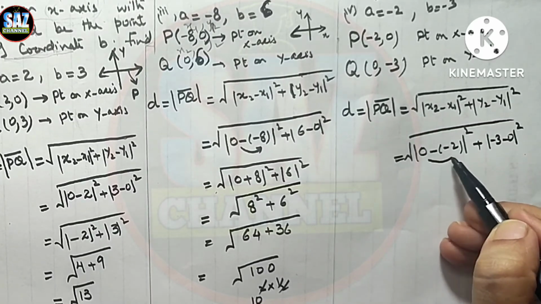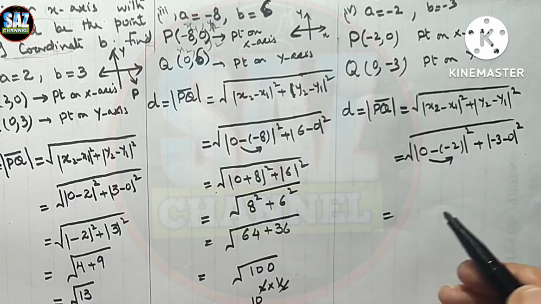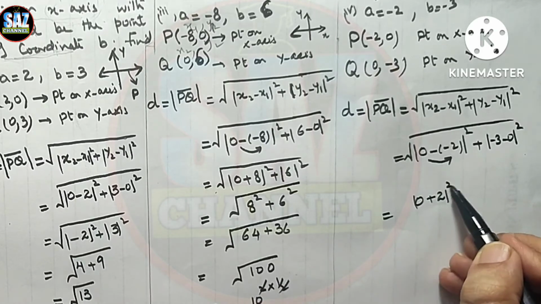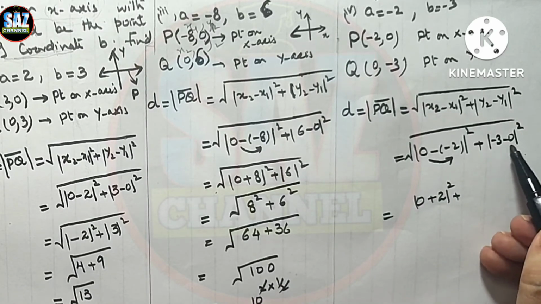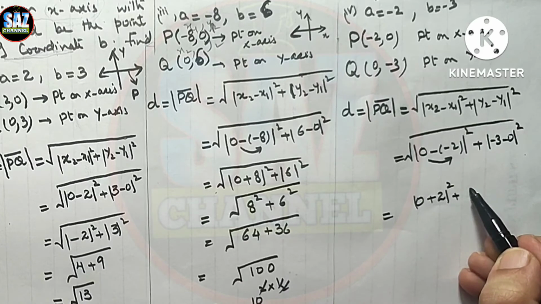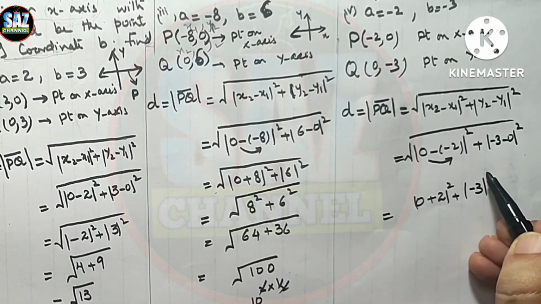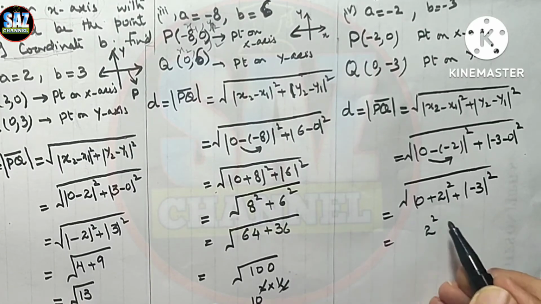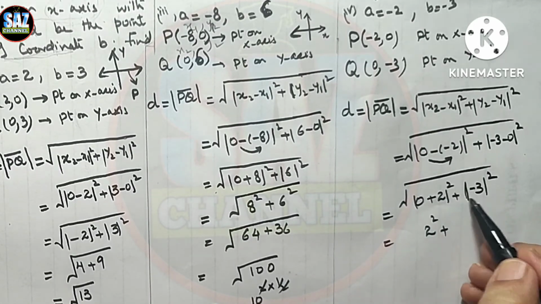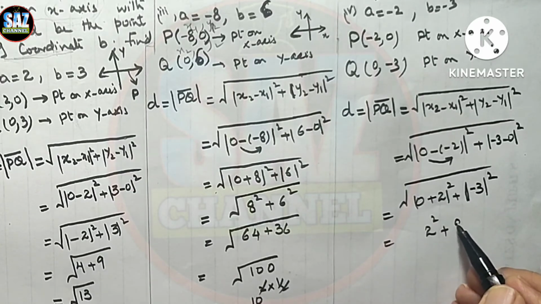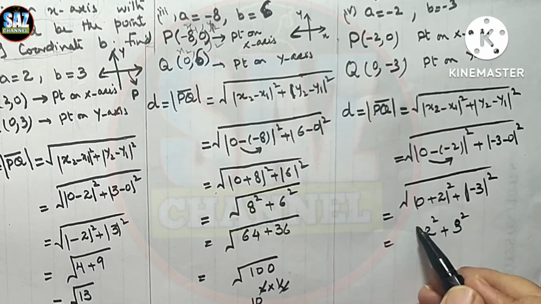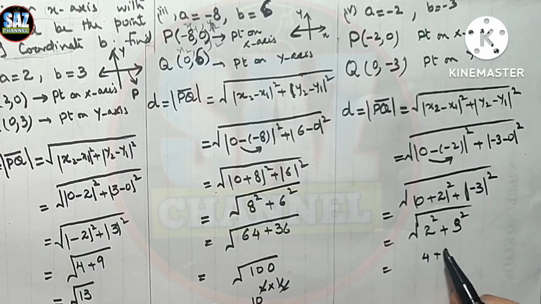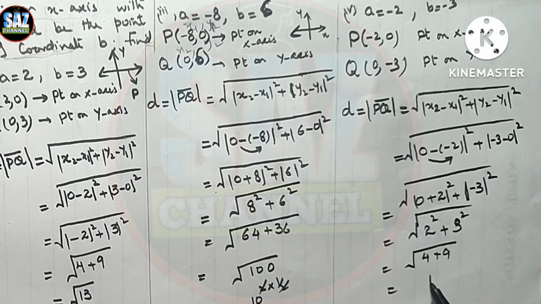This will become positive. This is 0 plus 2 square plus minus 3 minus 0, which is 3 with negative sign. This will become 2 square plus minus 3 square, which becomes positive 3 square. This is 4 plus 9, which will give me square root 13 units.